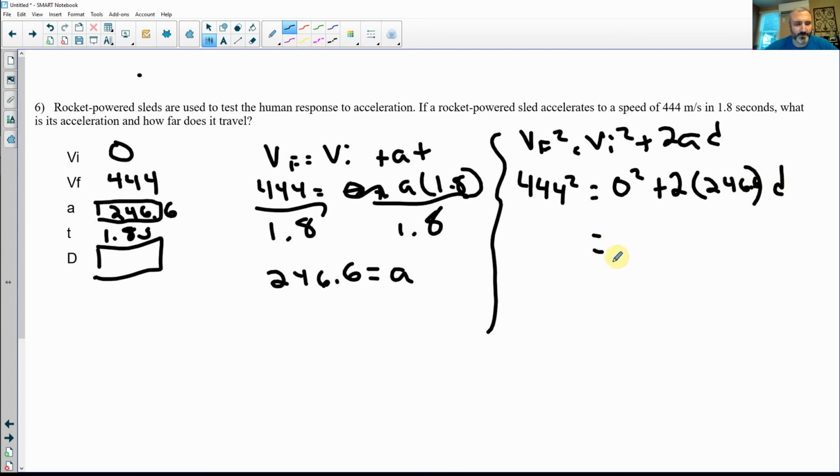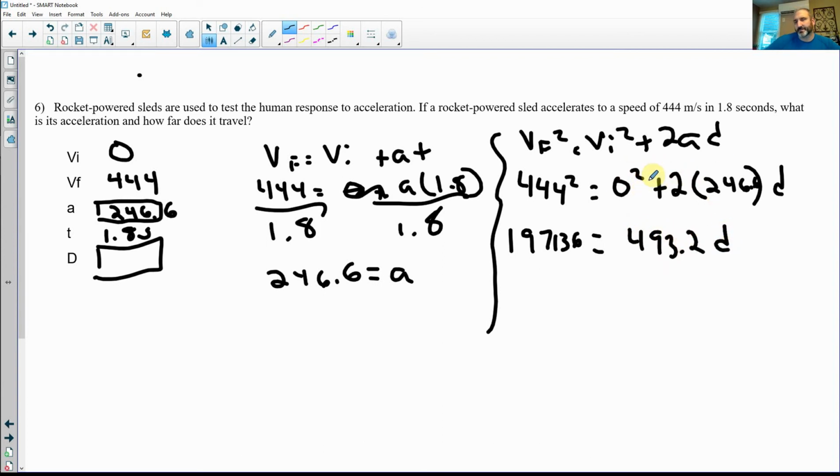That's going to be really fast. So let's see, 444 squared is a really big number, 197,136. 2 times 246.6 is going to be 493.2 D. So I just combine those.